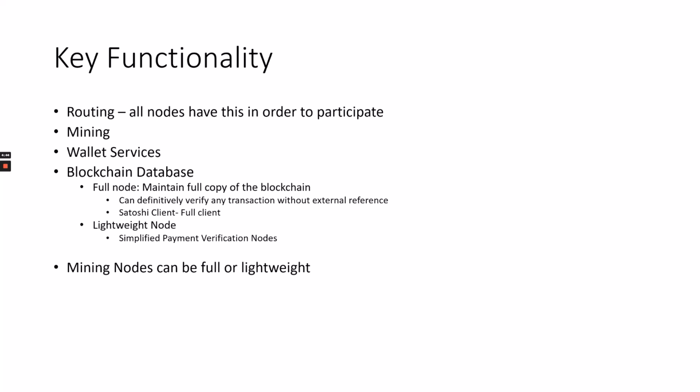And I think the most important privilege here is, if you have the entire copy of the blockchain, you don't really need to rely on anyone else to be able to verify new transactions coming in. So whether it's about a double spend or whether it's about signatures being valid, because you have the entire history of the blockchain, you have authority, meaning you can verify any transaction without having to ping others, or without having to take any reference, or without having to ask for any information from anyone else.